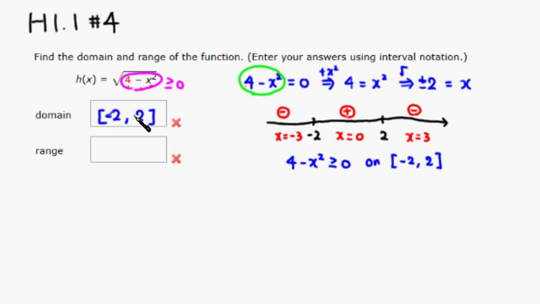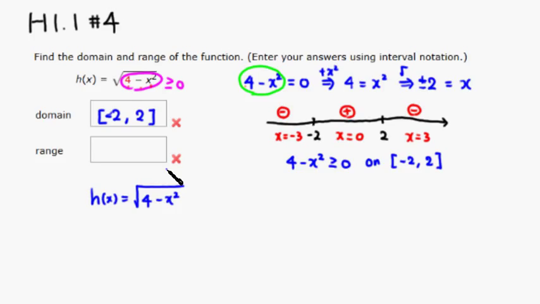Now the range is a little bit tricky. Let's look at the function h of x, which is equal to the square root of 4 minus x squared. Think about the smallest possible function value we can get.